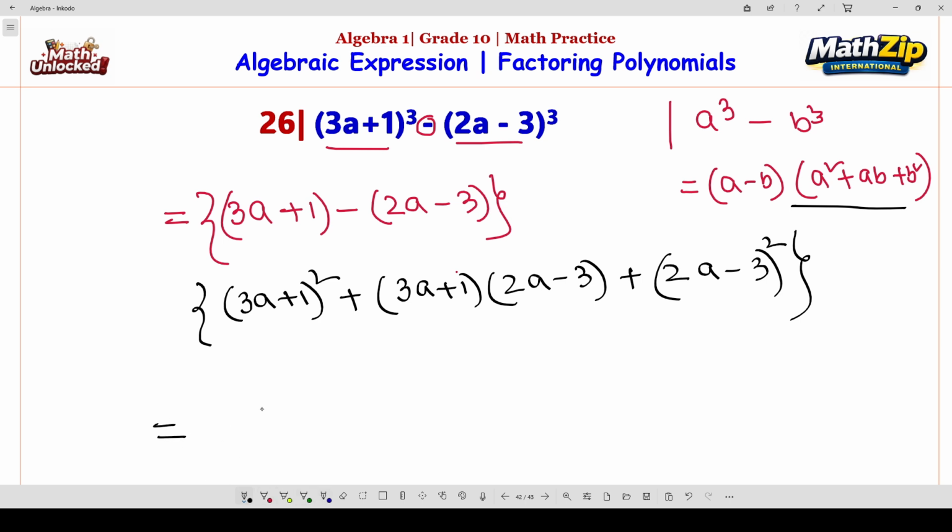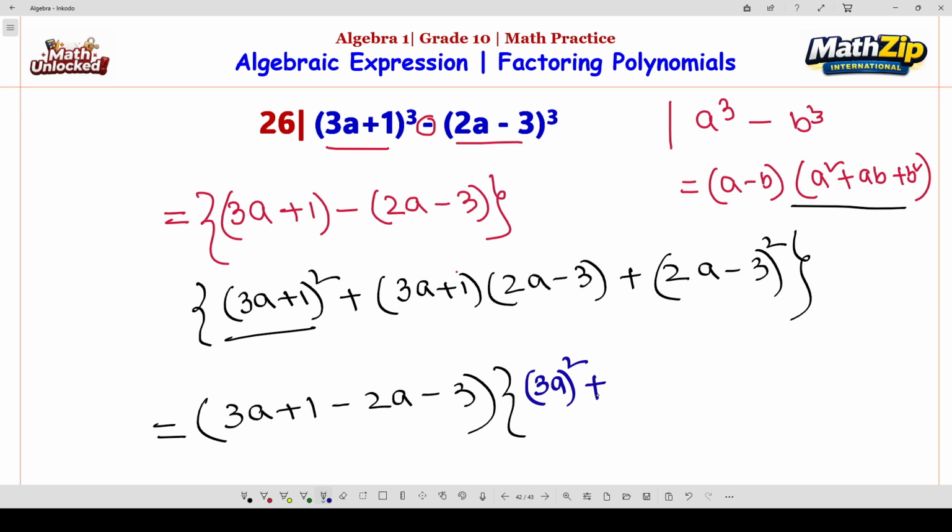Now we can expand these brackets, step by step. How? First, (3a + 1)² is 3²a², plus 2 times 3a times 1, and then plus 1².